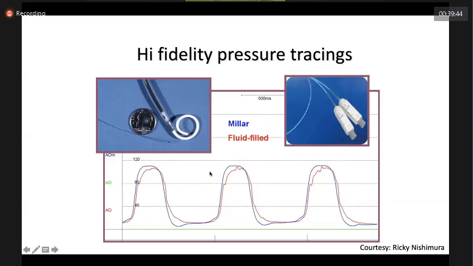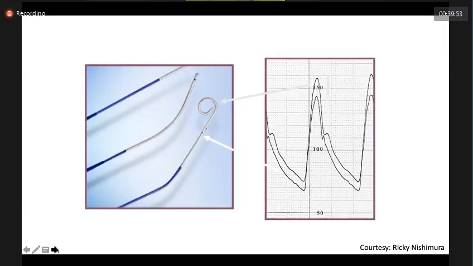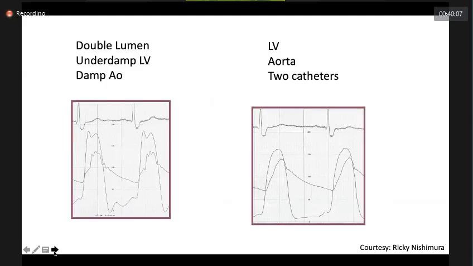So you can see the fluid-filled and Millar catheters. You can eliminate some artifacts and also produce artifacts with that. It is not that easy to do, and it is unwarranted: number one, expensive; number two, we don't need it. But from the exam point of view, you should remember this.